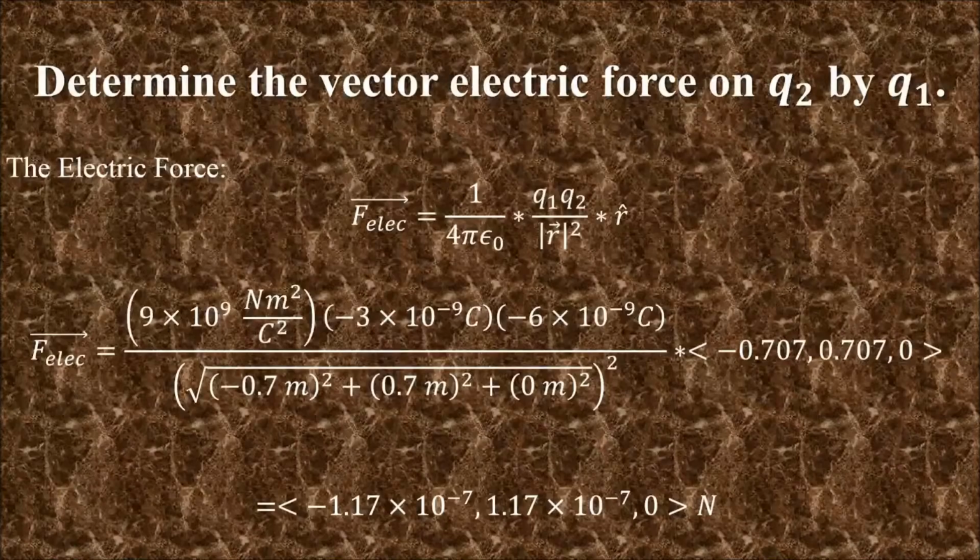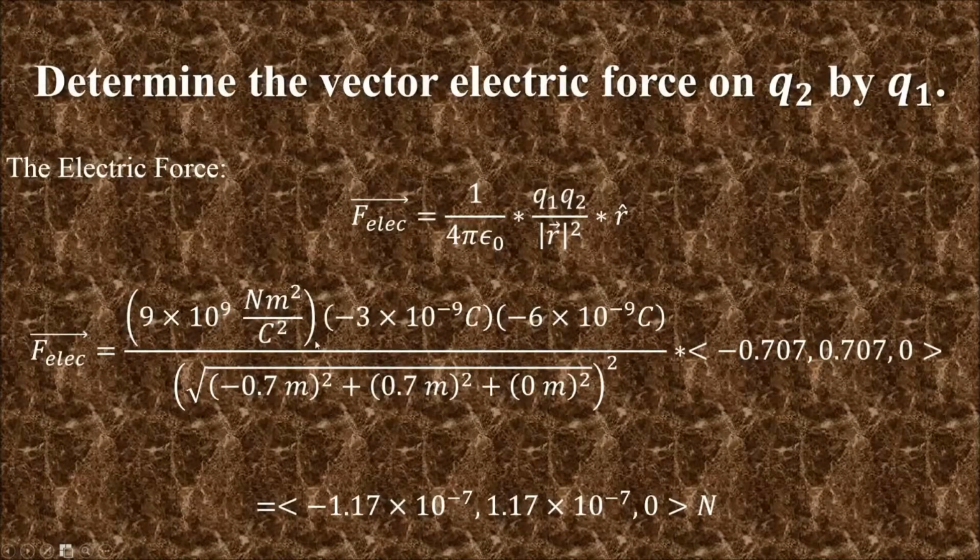Alright, so now we come to part D. Determine the vector electric force on Q2 by Q1. So this is the electric force equation: F electric is equal to 1 over 4 pi epsilon naught times Q1 times Q2 over the magnitude of distance squared times the unit vector. So now we just plug in all the numbers which were either given to us or were calculated in the previous parts.